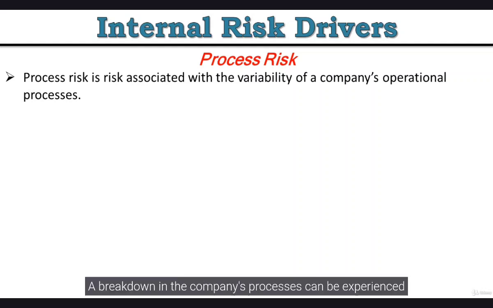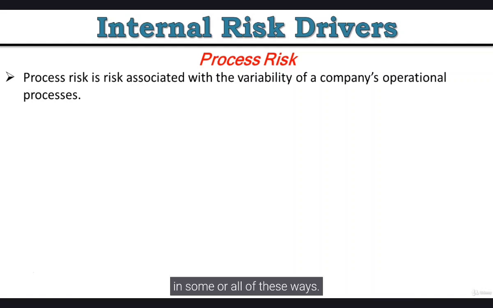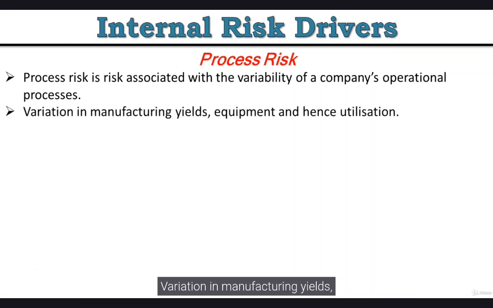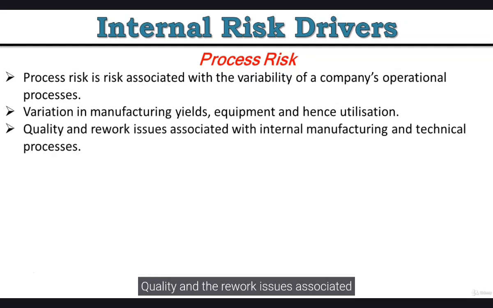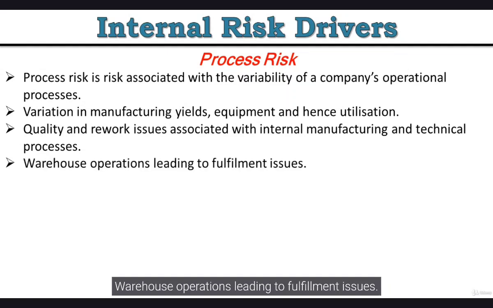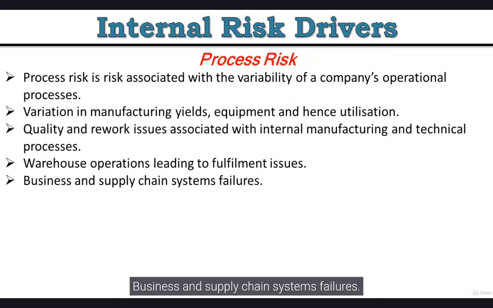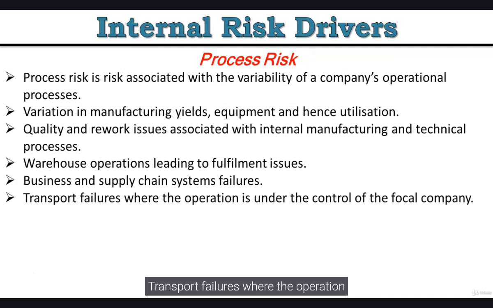A breakdown in the company's processes can be experienced in some or all of these ways: variation in manufacturing yields, equipment and hence utilization, quality and rework issues associated with internal manufacturing and technical processes, warehouse operations leading to fulfillment issues, business and supply chain systems failures, transport failures where the operation is under the control of the focal company.